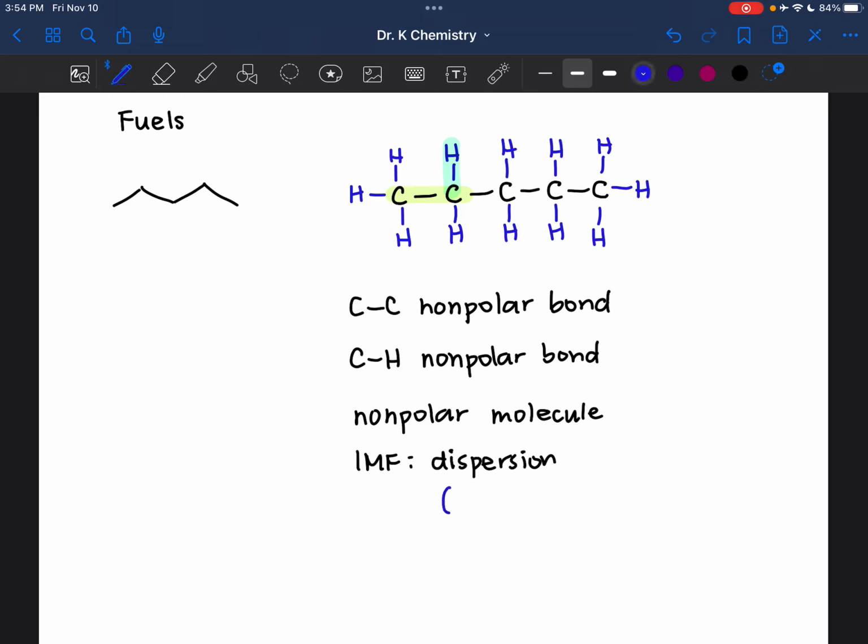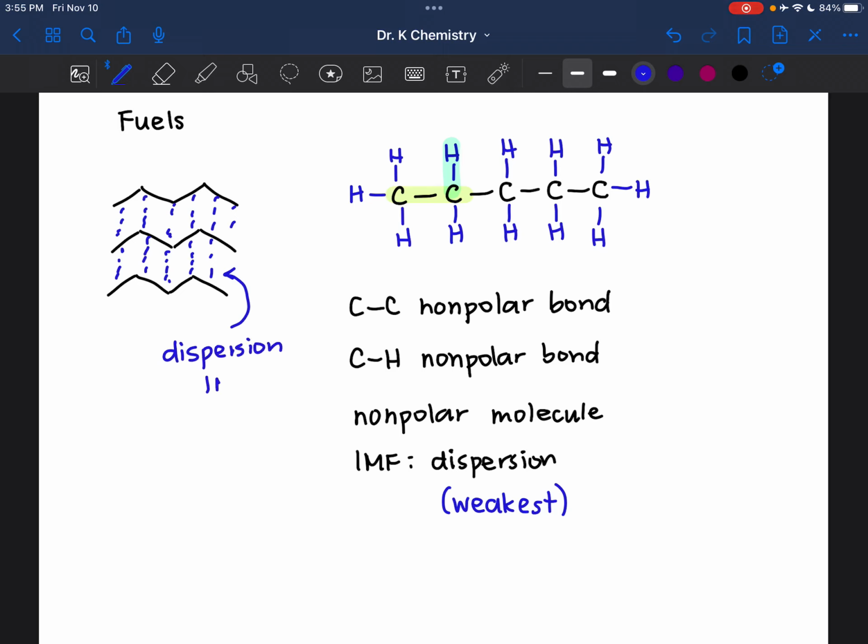Remember that dispersion intermolecular forces are the weakest. So individual dispersion forces are not particularly strong. If I had a whole bunch of pentane molecules, they would be attracted to each other via dispersion. And these little lines that I'm doodling over here represent our dispersion interactions. These are intermolecular forces because they are holding the individual molecules attracted to each other.